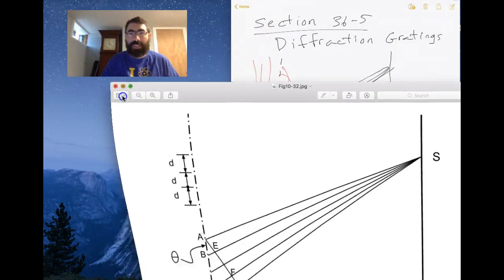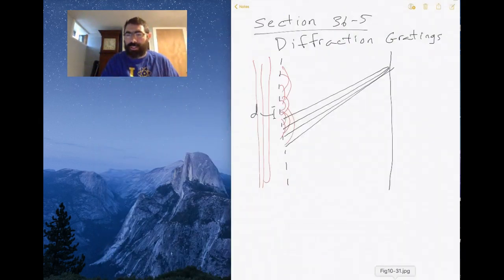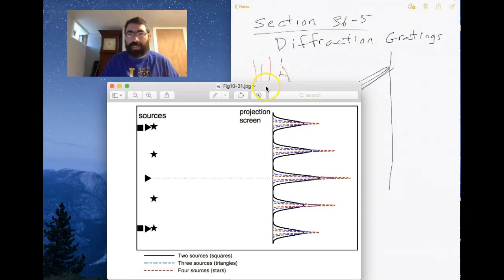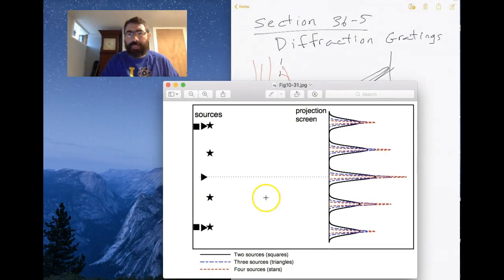So what's the effect going to be? Well, if I model it in this picture right here, you can see with two sources, so I'm using the two squares, I'm going to get the black line right here.